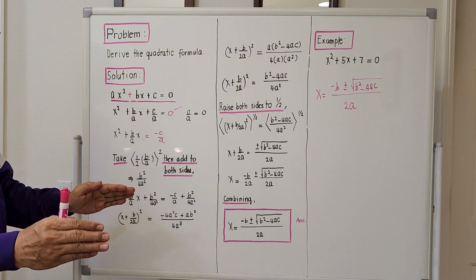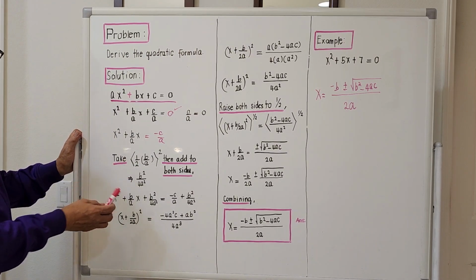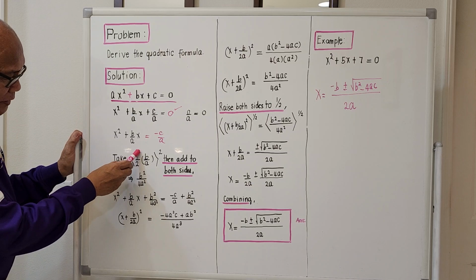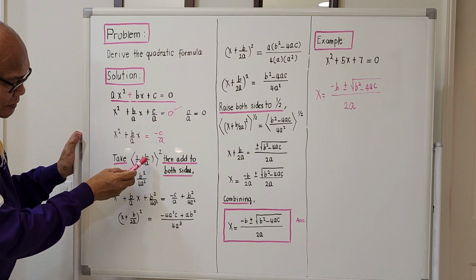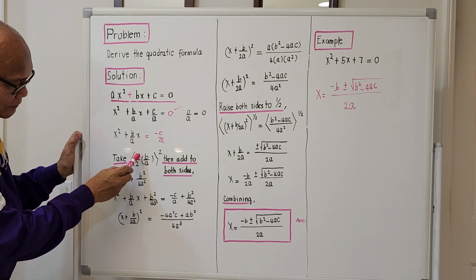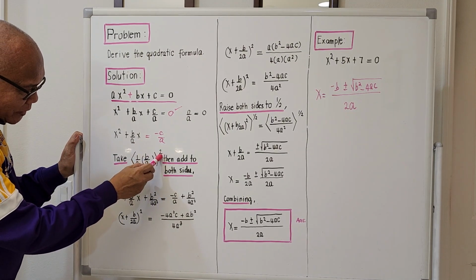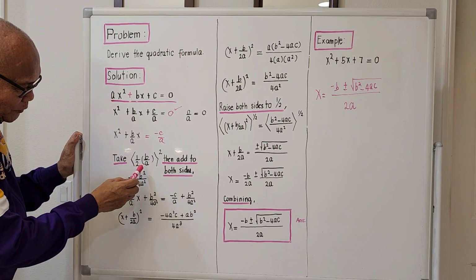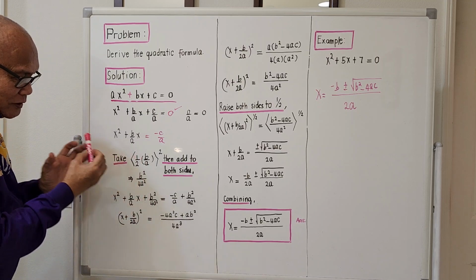And the proper way to take that one is actually given by this equation here. Take 1/2 of the coefficient of x. The coefficient of x is actually b over a. Take 1/2 of the coefficient of x. Then try to square that one. If you take the square of this, then put it on the left hand side.